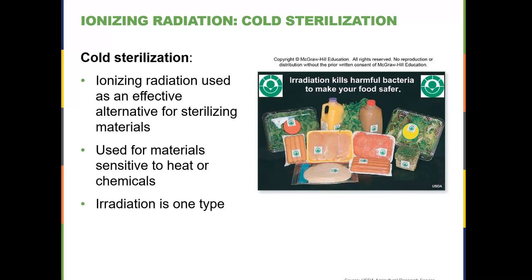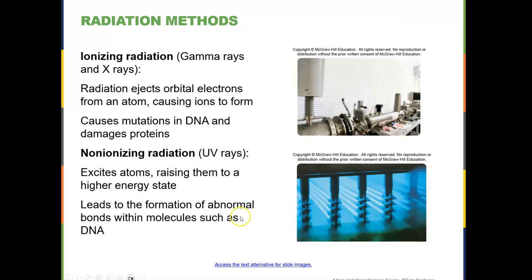So irradiating food, or cold sterilizing food, is what is used a lot of the time. So if you did heat with meat, it would cook it, and that's not good. But there will be a little marking if it's been irradiated. Of course, there's no radiation left over, so it is safe for consumption.